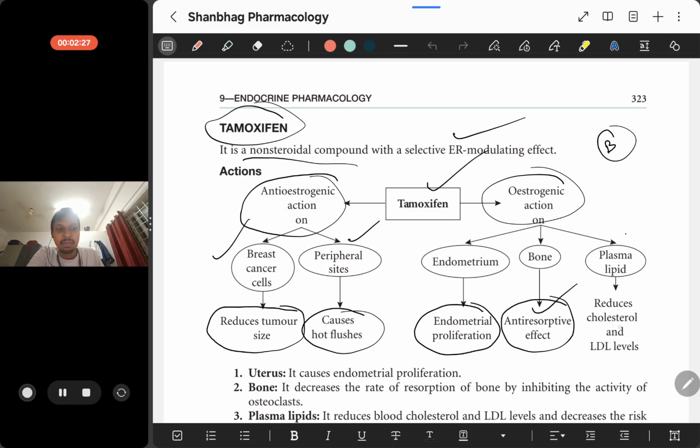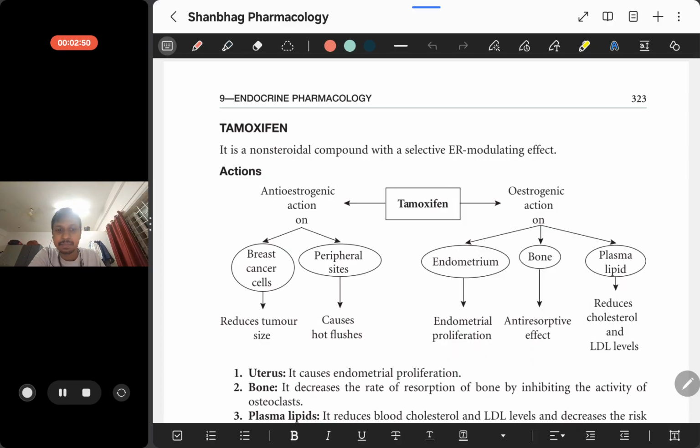On plasma lipids, it reduces cholesterol and LDL levels. We know that LDL is known as bad cholesterol. Since this level decreases, it also reduces cardiac dysfunction or cardiac related side effects.